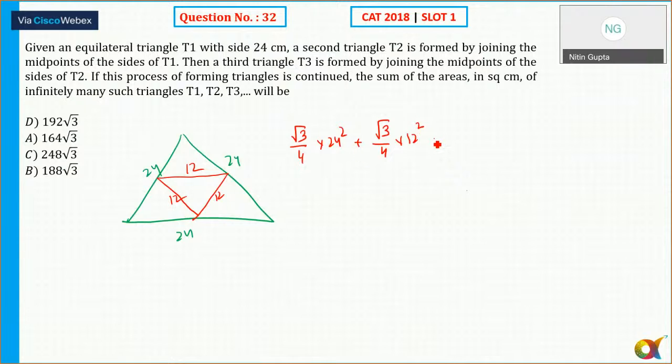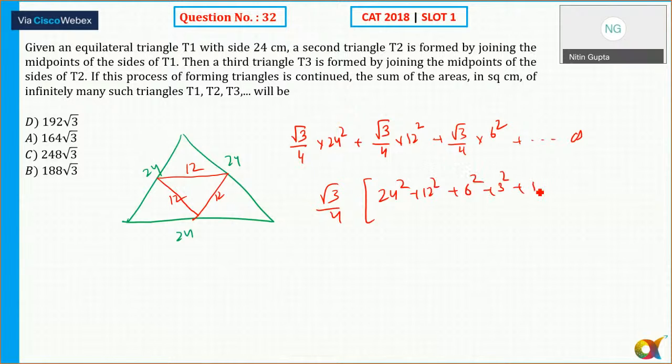So plus root 3 by 4 into 6 square, and so on till infinity. So root 3 by 4 is common, and I'll have 24 square plus 12 square plus 6 square, and so on till infinity.